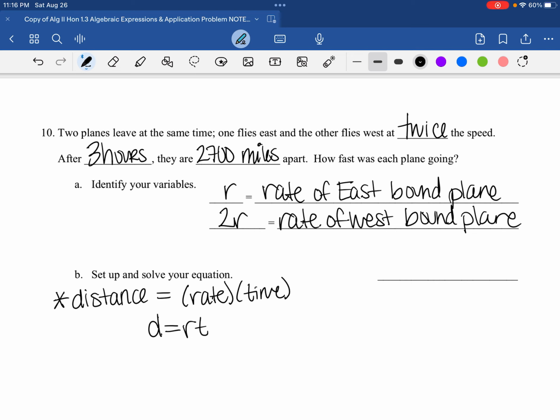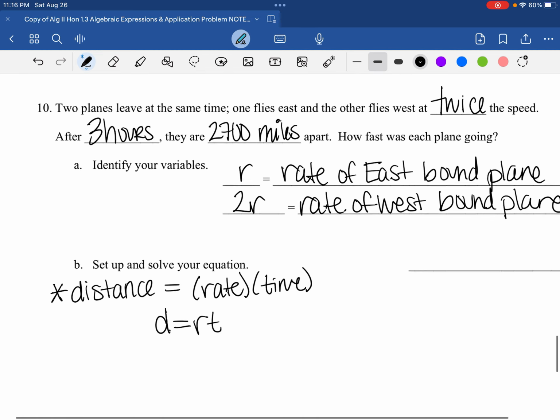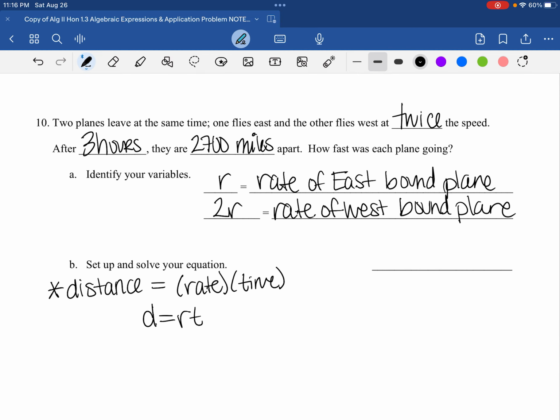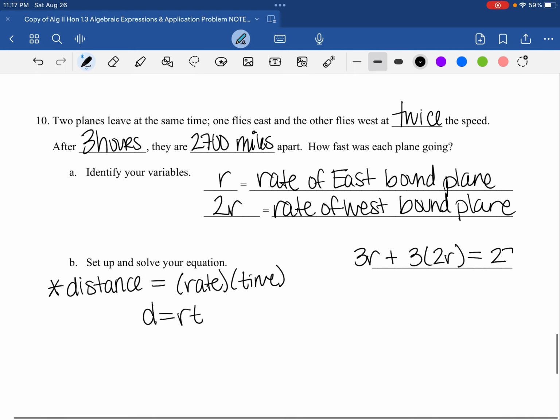So, when we incorporate this into the distance, we have two different planes totaling 2,700 miles. So the first plane, its distance would be calculated with its rate, which is R, and its time, which is 3 hours. So 3R. And we're going to add that together with the westbound distance, which would be a rate of 2R and a time of 3. So we're going to multiply 3 times 2R and equal 2,700.